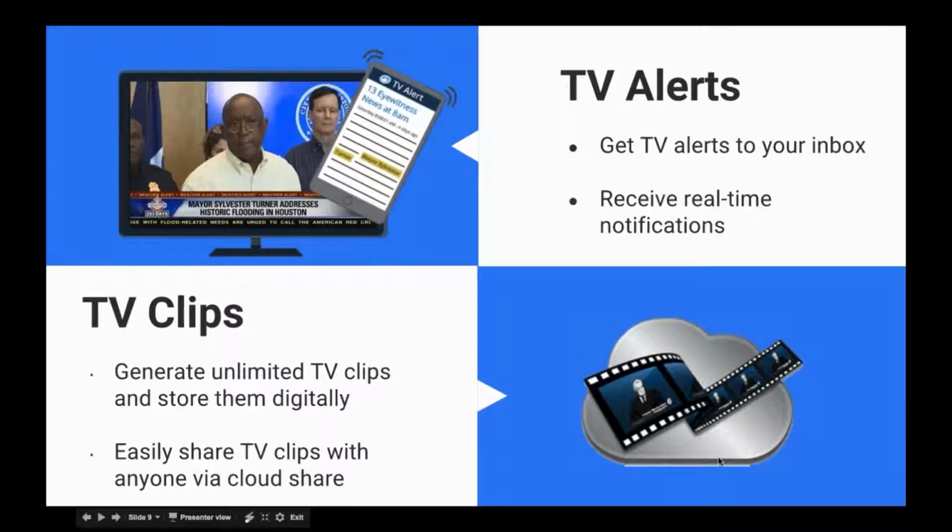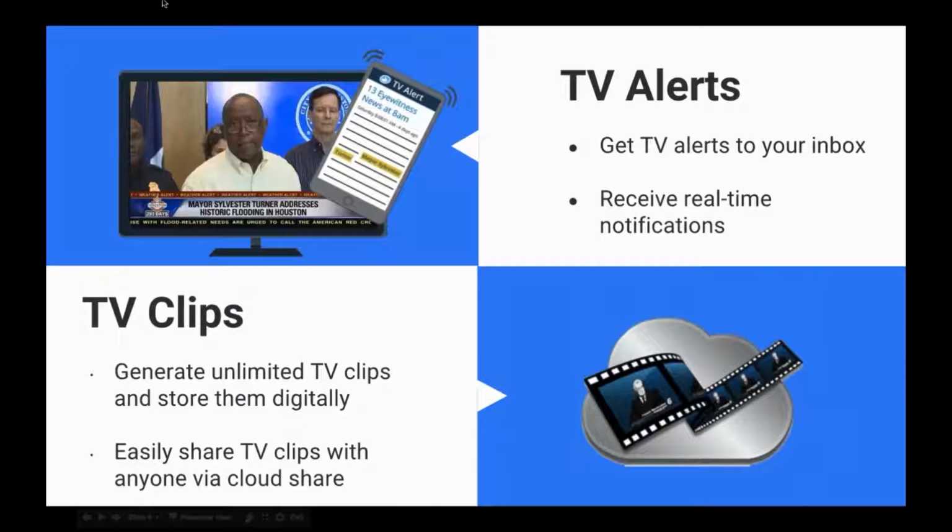You can also set up alerts so that you get an email daily or even in real time when the mayor of your city is mentioned on TV, or your sheriff is mentioned on TV, or any other search term. And there's no limit on the number of TV alerts that you can set up. You can set up as many of those as you want.